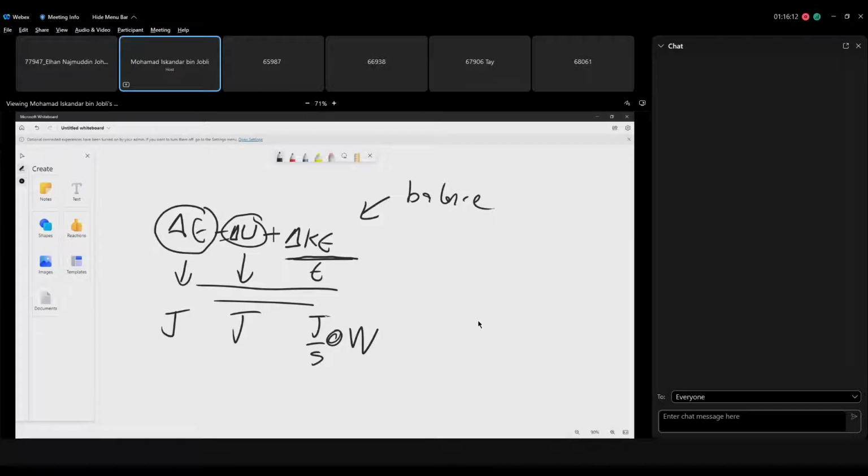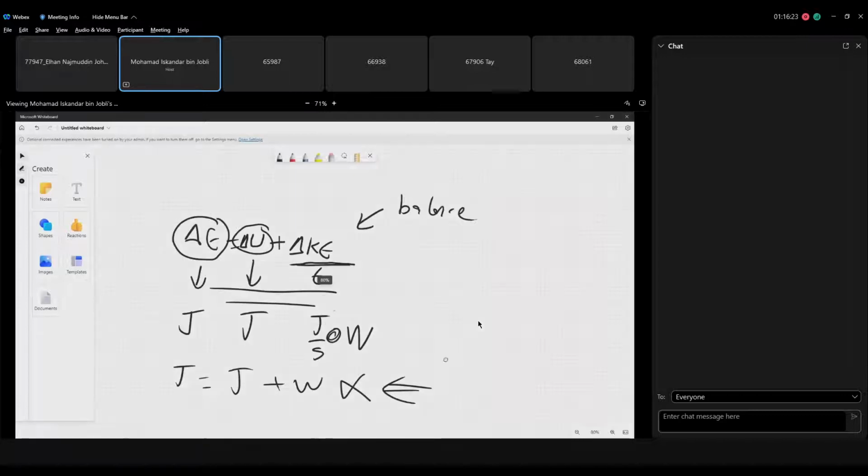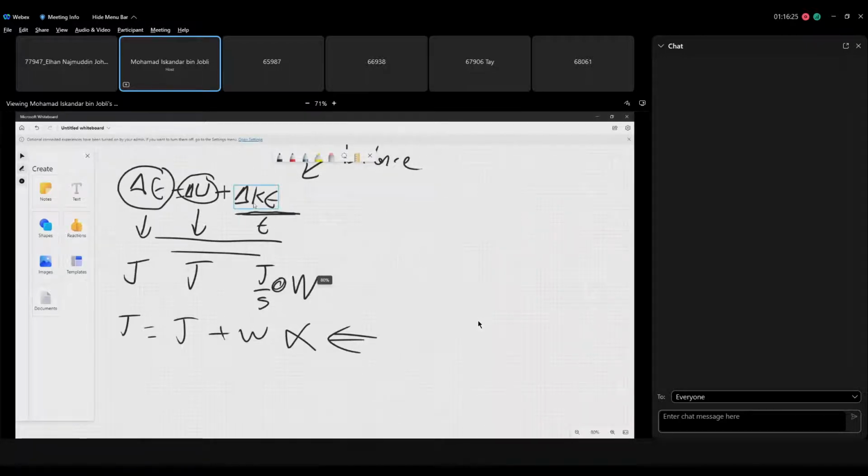How can you add joule, equals joule plus watt? It does not make any sense. This is how I check whether the equation is valid or not. The moment you have done modeling, if you have something like this happening, we can simply state that the equation is invalid.